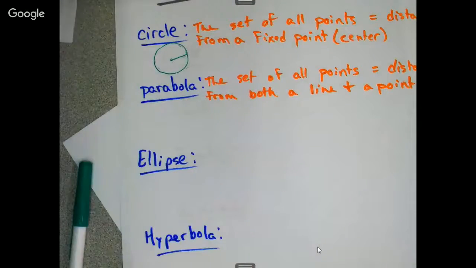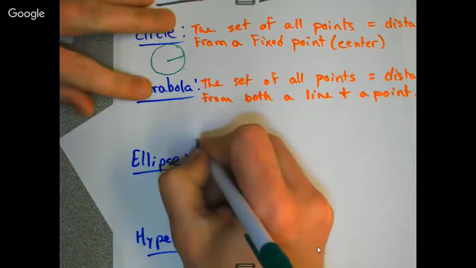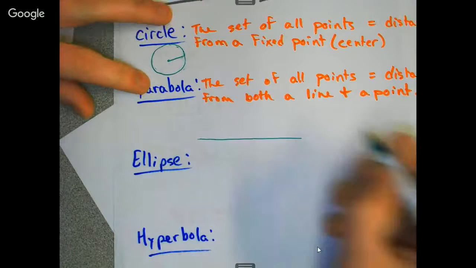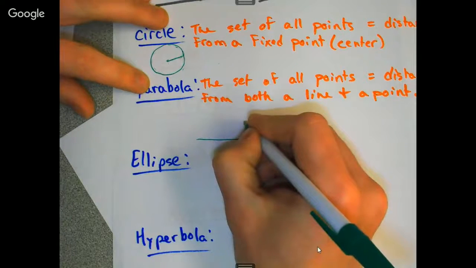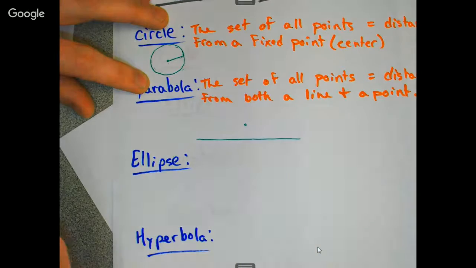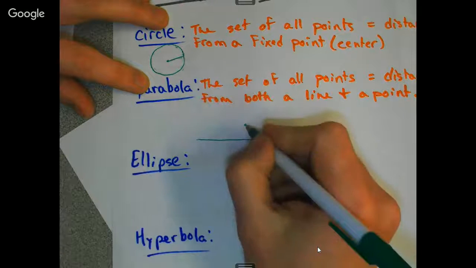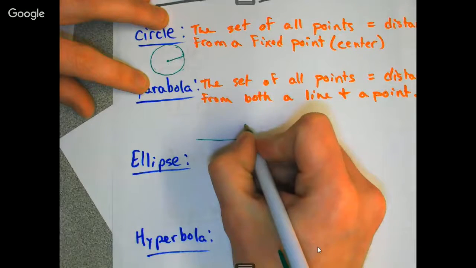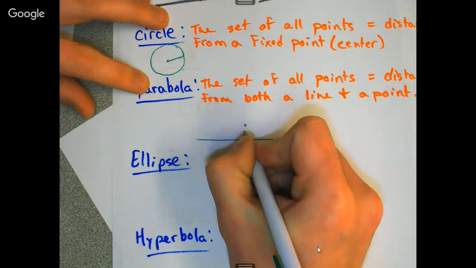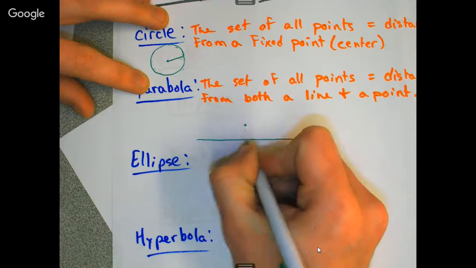Okay, so let's say I have this line here, and I have this point right here. I'm trying to find all the points that are the same distance from the line as from the point. So let's just start.